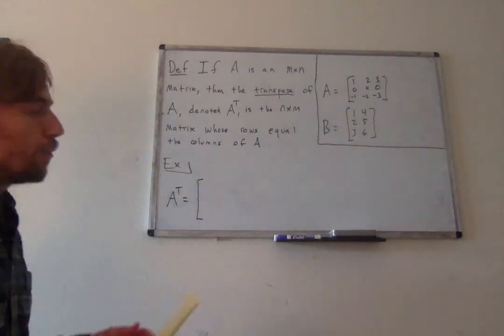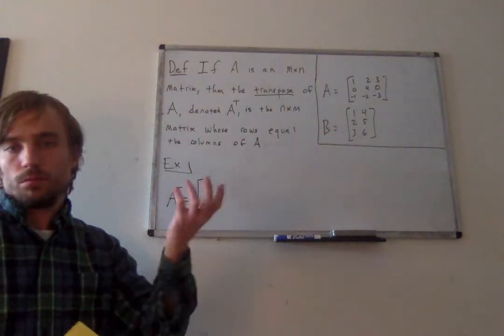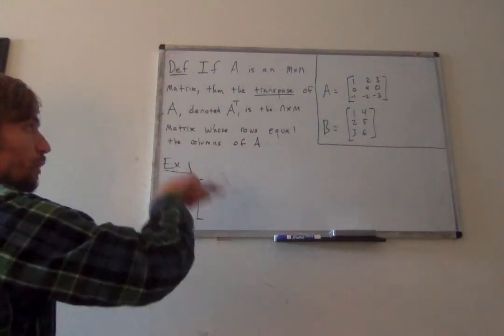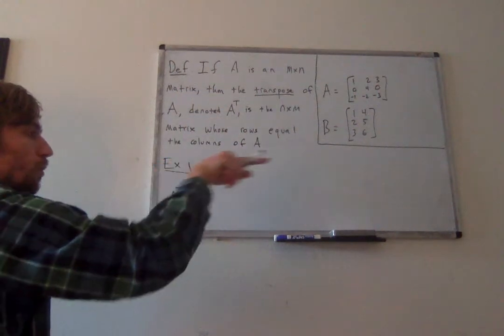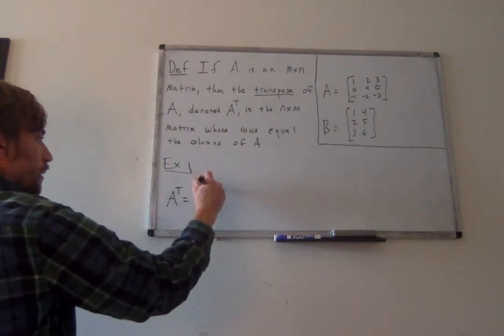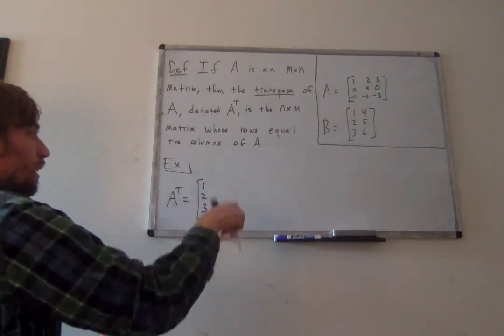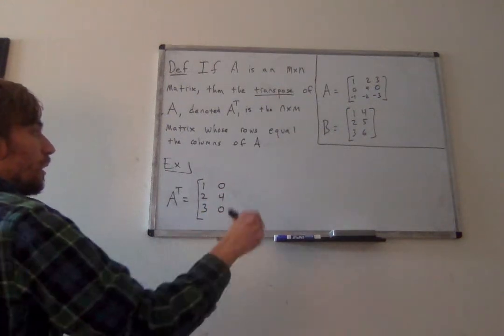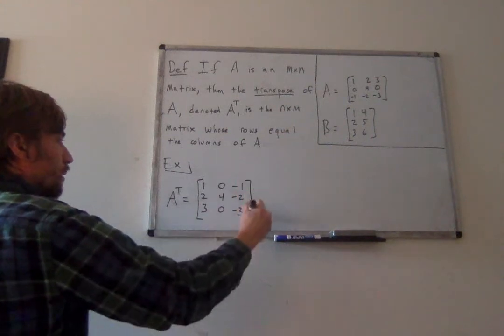It's going to be a 3 by 3 matrix because A is a 3 by 3 matrix. If we swap the indices, it's still 3 by 3. I'm going to fill down the columns of A transpose while going across the rows of A. So the first column would be 1, 2, 3. The second column would be 0, 4, 0. And the third column would be negative 1, negative 2, negative 3.